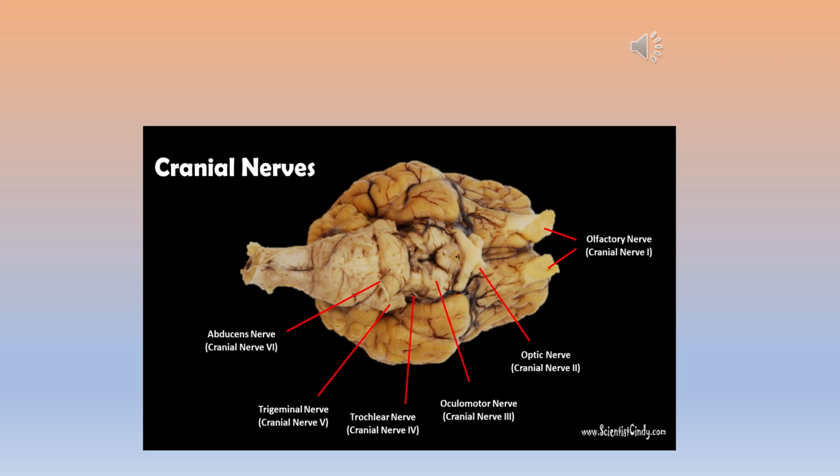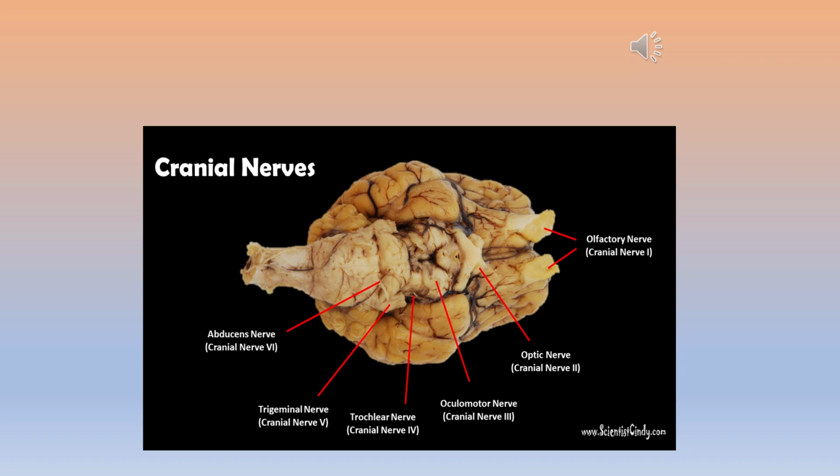Okay, oculomotor nerve, cranial nerve number 3, comes directly off of that white V-shaped mass. The white V-shaped mass of the brain there is called the cerebral peduncles. The oculomotor nerves, left and right, come off of the cerebral peduncles of the midbrain.